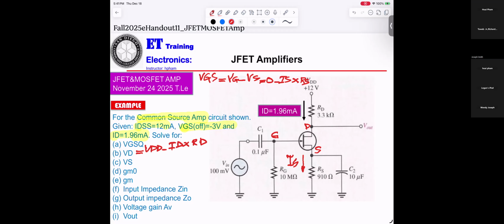So you know how to calculate it. And VS equals IS times RS. Okay, you know how to calculate gm0.